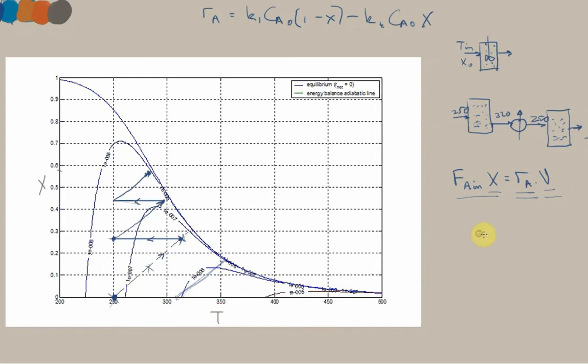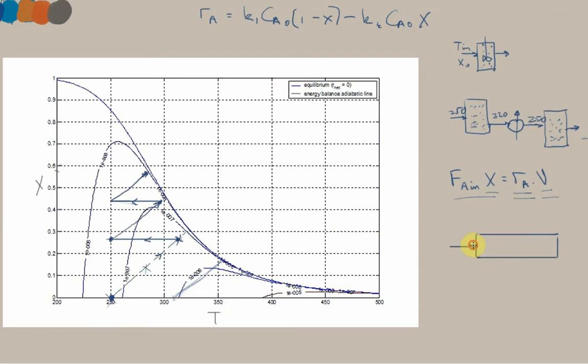And then, of course, if we consider a plug flow reactor, on the other hand, a plug flow reactor will show us points where we go through the intermediate stages. So if we take a point near the entry, then we know that we will see low values around here.